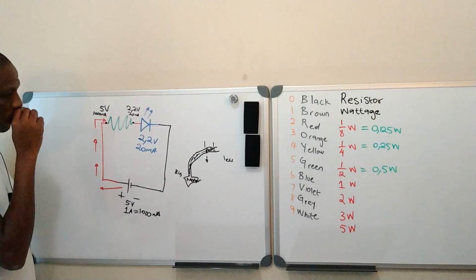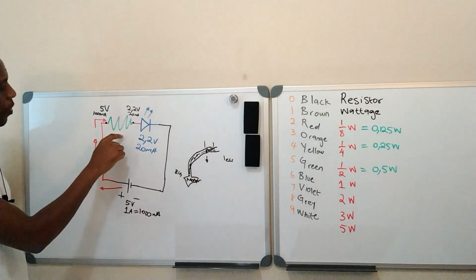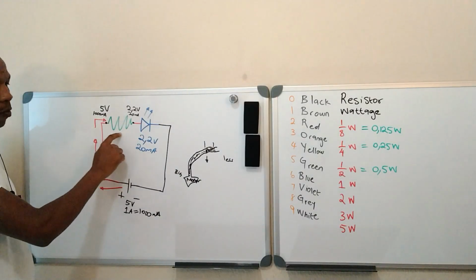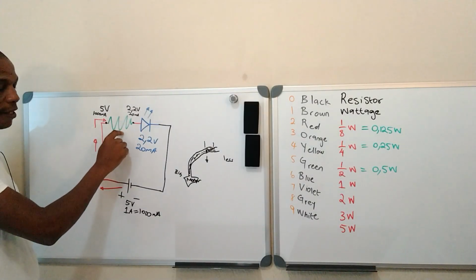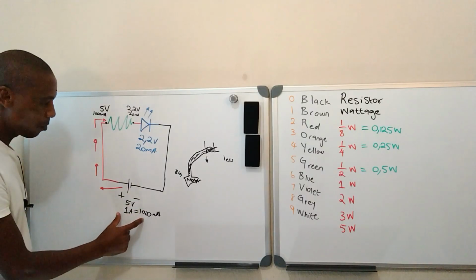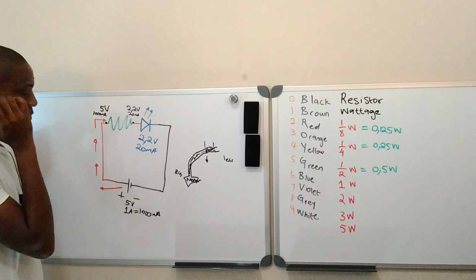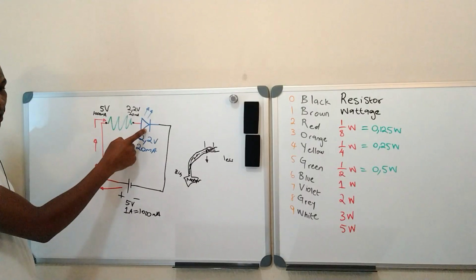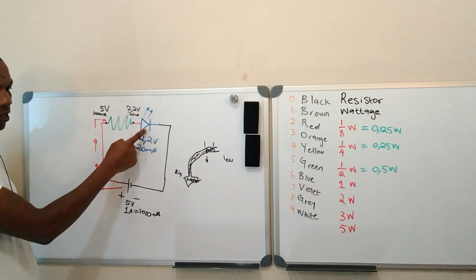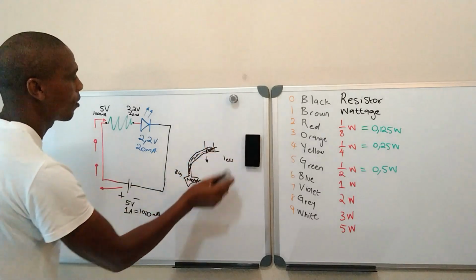So now what we need to do is find the amount of opposing pressure that we need to apply here in order to reduce this supply to this amount of voltage that can be taken by the LED. Does it make sense? Yes, sir. Let's try to do it.